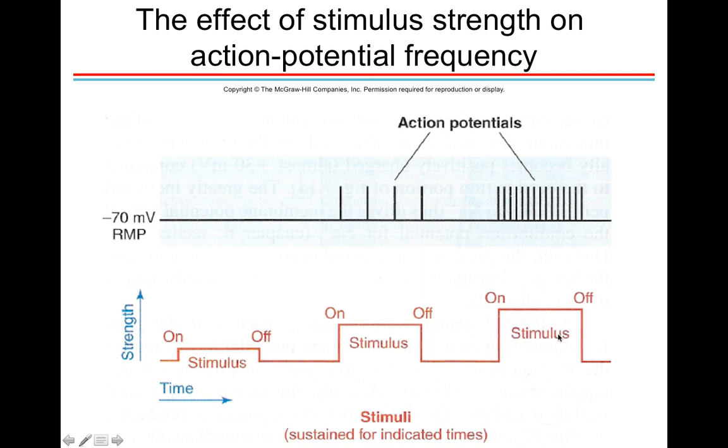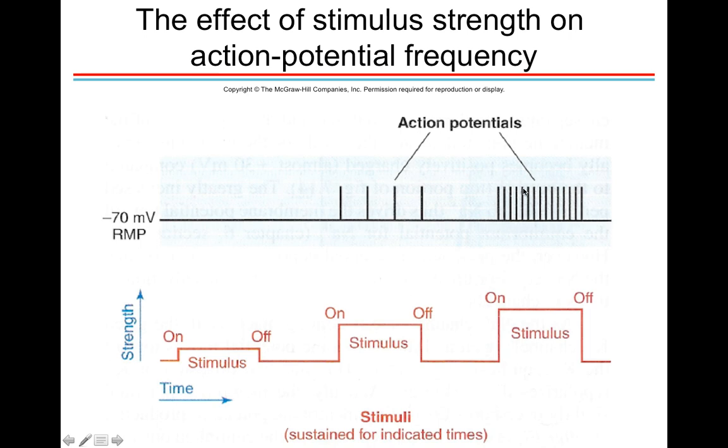A stronger stimulus would, again, not change the amplitude or height of the action potential, but what it can change is the frequency. So basically, a really strong stimulus, which would be having a more dramatic increase in the membrane potential, would not lead to a greater amplitude of the action potential.